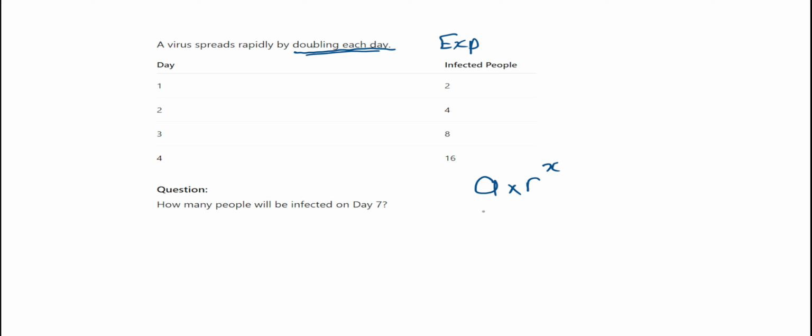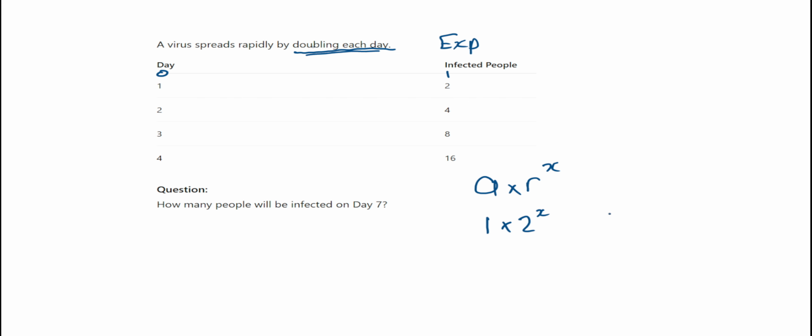The initial amount is going to be when t equals 0 or x equals 0. It's not given, it's given there as r equals 1. But if we went back a day, we could say that if we put a 0 here, it would be 1, because 1 doubled is 2. So it's going to be 1 times r, and the rate that it's increasing by is 2, and then the number of days is x.